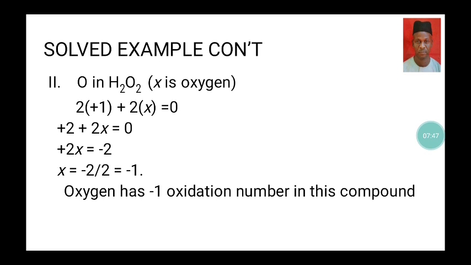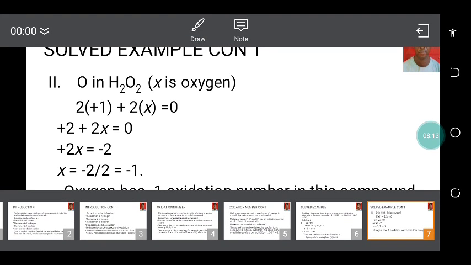Plus 2x, we shift the 2, taking care of our like terms, and at the end of the day, we find our x. -2 divided by 2 gives us -1. That is what we have already said, that oxygen is -1 in peroxides and -2 in other compounds.